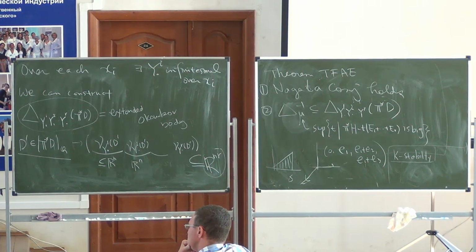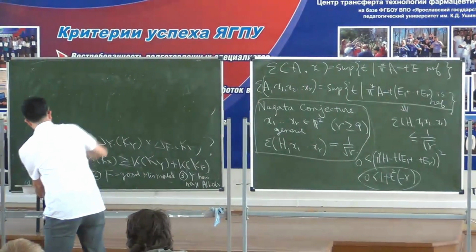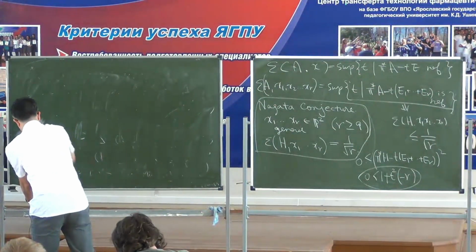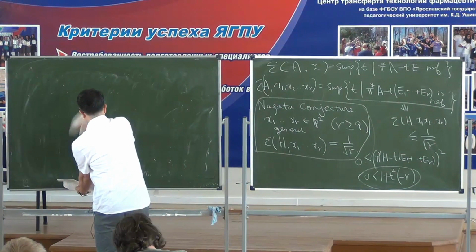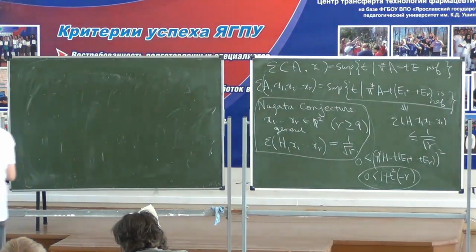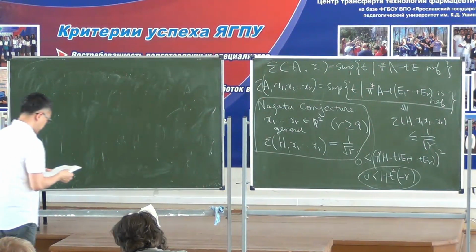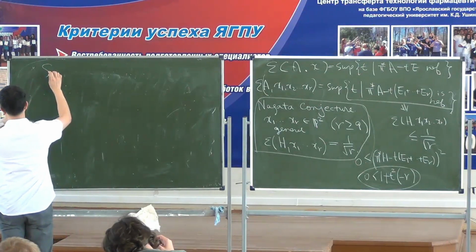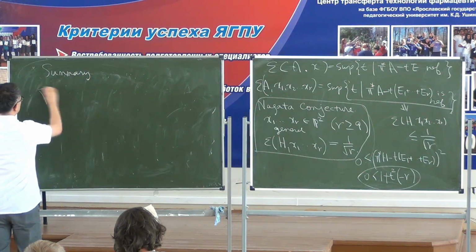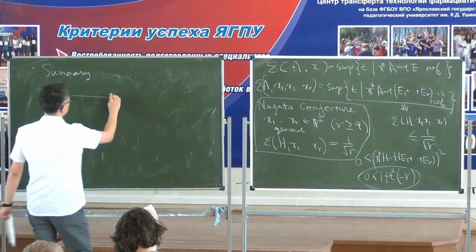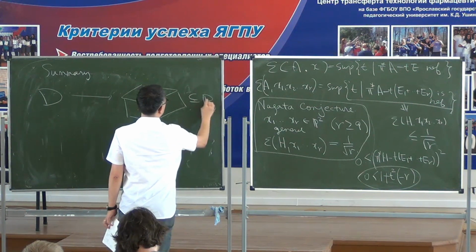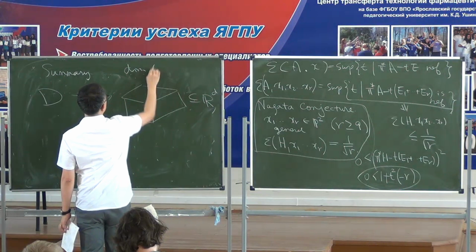Okay, so I only have 5 minutes, but let's just do a summary. I have a summary in maybe 3 minutes. So for a divisor D, we can define the Okounkov body, where the dimension of X is d.